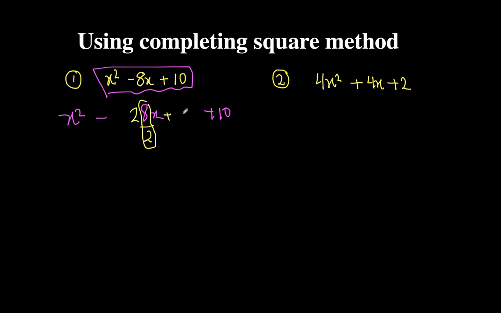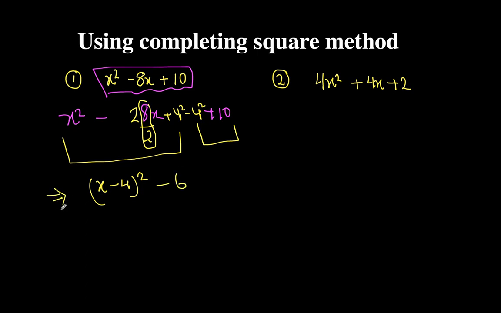It is a 4, so the square of that is 4 square, which is 16, and I will also add minus 4 square. So actually you are adding 0, so it will not make any difference to the expression. Now you will see that this is a complete square. So it can be written as x minus 4 whole square. You can check it by multiplying x minus 4 two times, and this will give you minus 16 plus 10, which is minus 6.